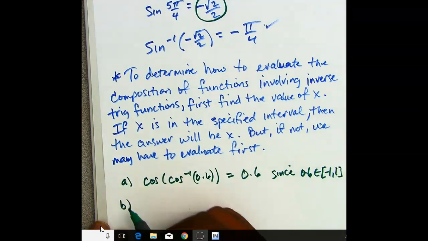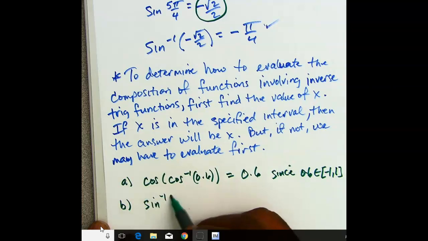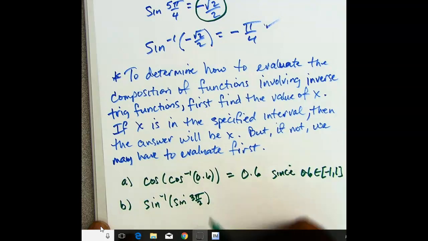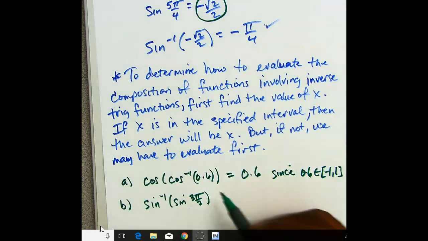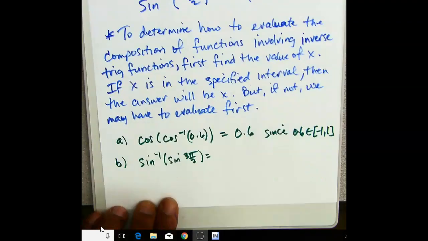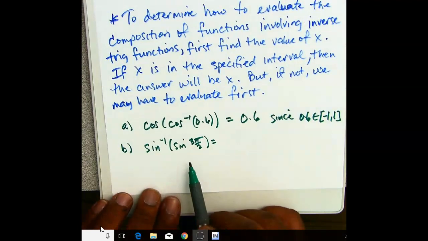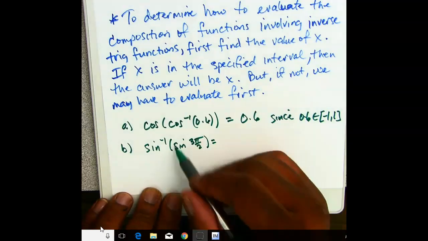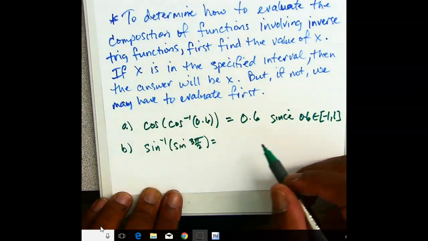Okay, example B. The inverse sine of the sine of 3 pi over 2. Okay. So here, our answer is not equal to 3 pi over 2, because we restricted the sine from negative pi over 2 to pi over 2. So what we're going to have to do here first is evaluate the sine of 3 pi over 2.